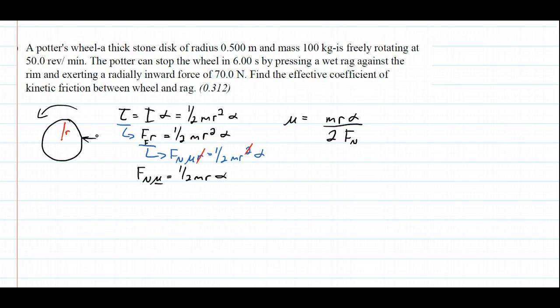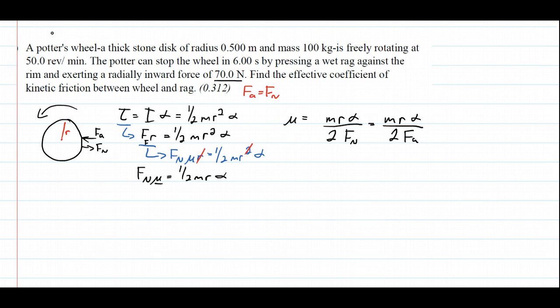If we look back at our diagram real quick, this is our applied force Fa, which equals 70 newtons. And in return, we're going to get a normal force that pushes back that'll also equal 70 newtons. So for all intents and purposes, in this example, we can say our applied force will equal our normal force. So I'm going to rewrite my equation as mr alpha over 2 Fa.